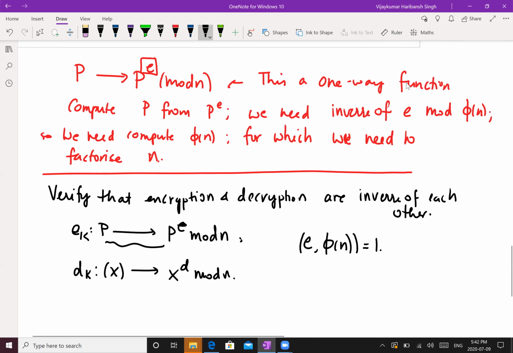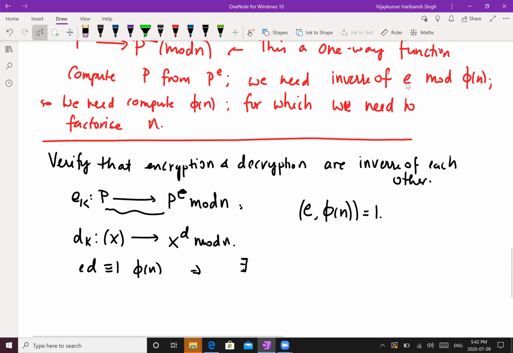Now we know that ed is congruent to 1 mod phi n. This implies there exists some k belonging to Z such that ed equals phi n times some other number, say t, plus 1.